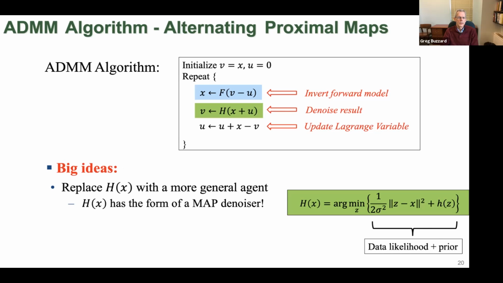And the point is that this capital H itself has the form of a MAP denoiser. So if you look at just this capital H by itself, here's the form of it as a proximal map. And if you recall the form of the Bayesian cost function, we have a data fitting term, which in this case is a least squares estimate of distance to our input point.